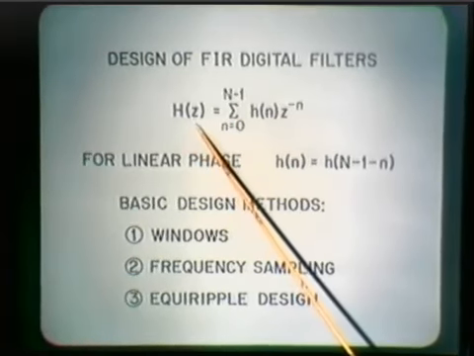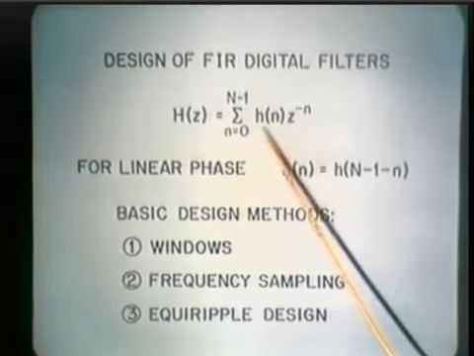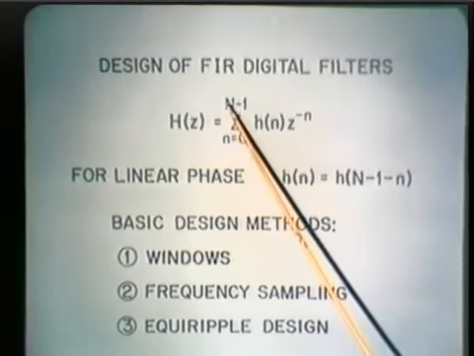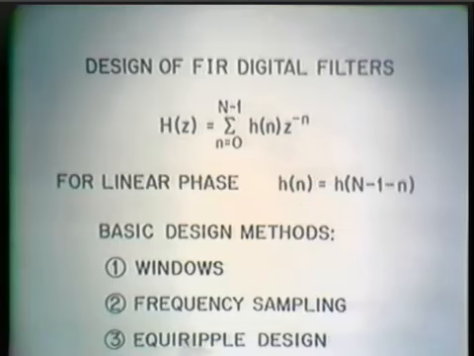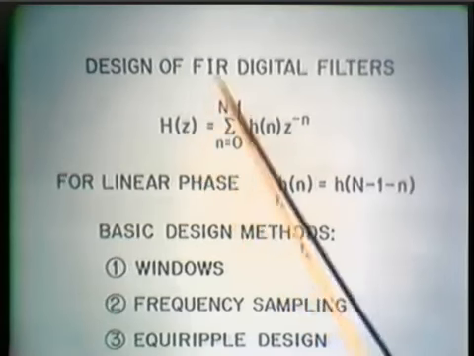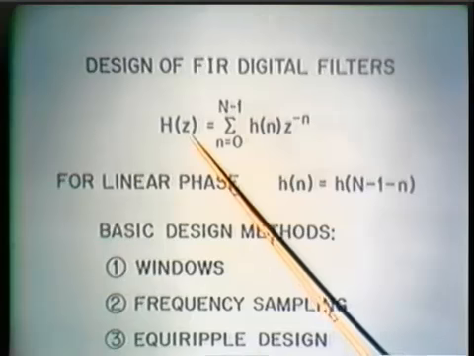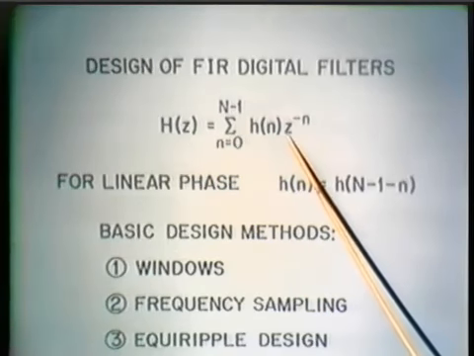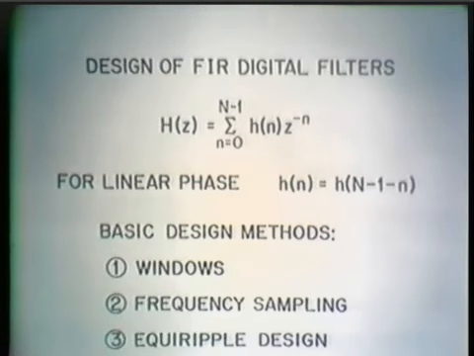So the Z transform of the finite impulse response filter is then given by the sum from 0 to capital N minus 1 of h of n, z to the minus n, which of course is a polynomial in z to the minus 1. And we know that for this class of systems, H of z has only zeros except at z equals 0. That is, the poles of H of z can only fall at z equals 0 or z equals infinity.